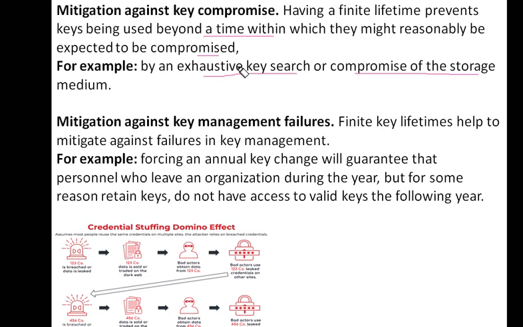And the second reason is mitigation against key management failures, which helps to mitigate against failures in key management. For example, forcing an annual key change will guarantee that personnel who leave an organization during the year but for some reason retain keys do not have access to valid keys the following year. For example, a person is working in some organization, so he knows all the keys.